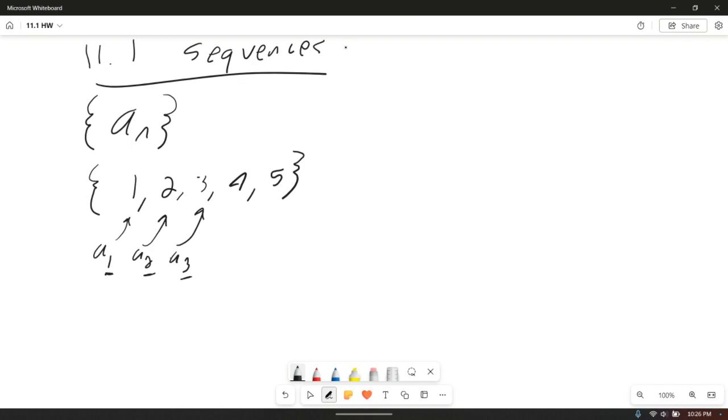Something special about sequences is that you can define a sequence as a function. Similar to how f of x could be expressed as x plus 1, a sub n could also be expressed as n plus 1.